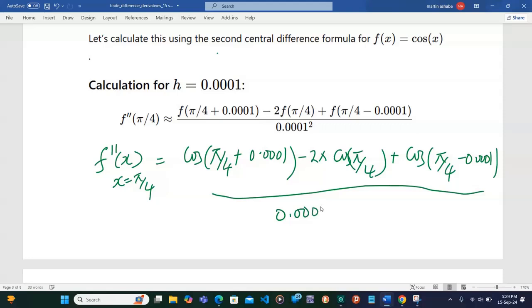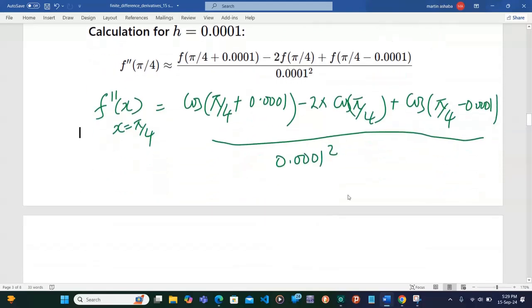The answer you're going to get when you press on your calculator is negative 0.7071068, according to my calculator.